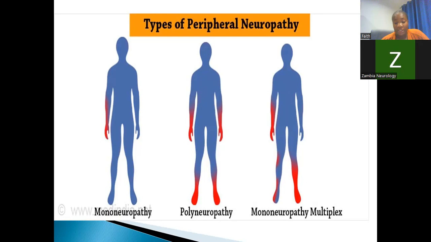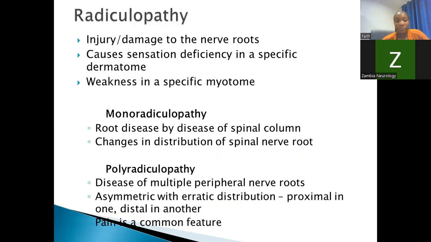So in this case, the feet and part of the legs, as well as the hands and the forearms are involved. And then you have your mononeuropathy multiplex, where it is in non-contiguous areas. So on the upper limbs, you have involvement of the right upper extremity, and then in the lower limbs, you have the left lower extremity involved, and then you also have parts of the right lower limb being involved. So you have these different regions that are involved in terms of the neuropathy.